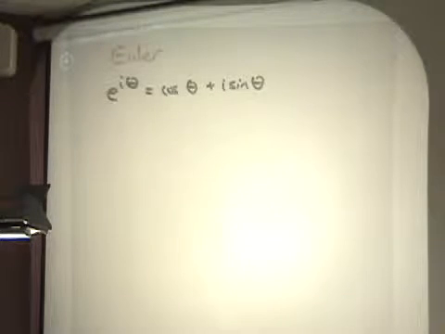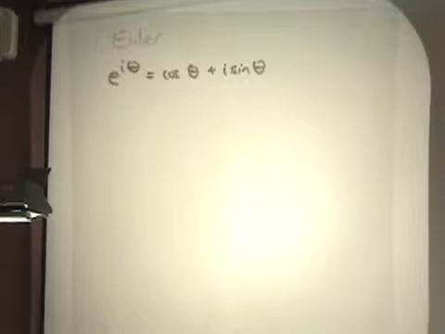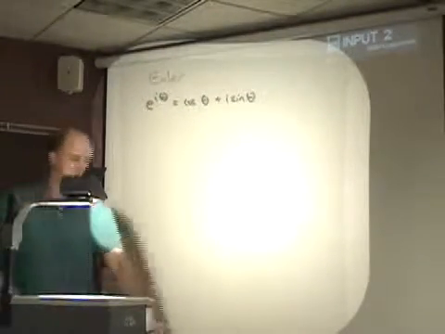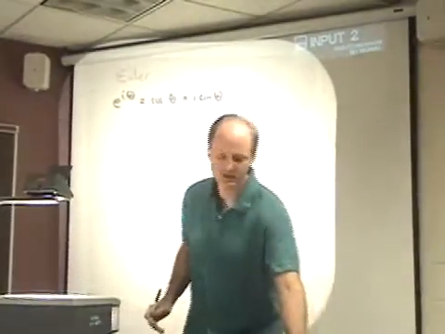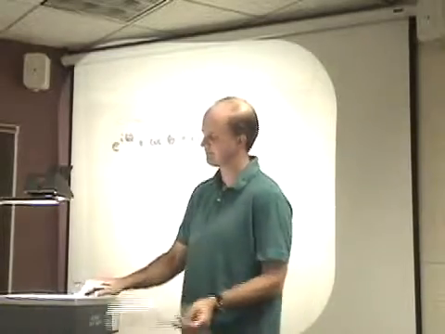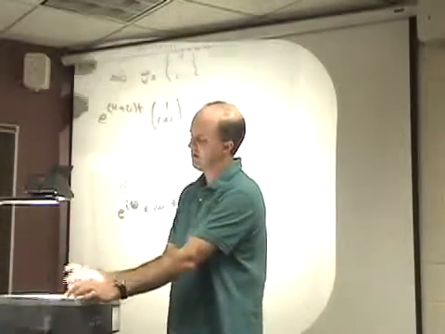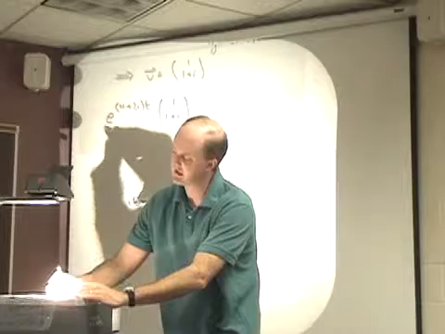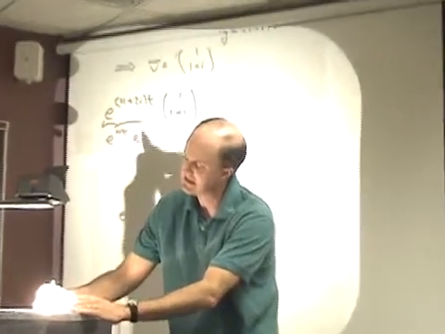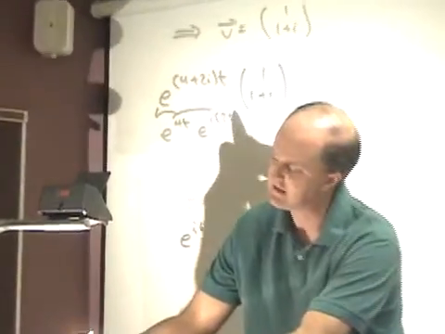But how is it relevant to us? Well, this thing can be thought of, using properties of exponents, as e to the 4t times e to the i times 2t.